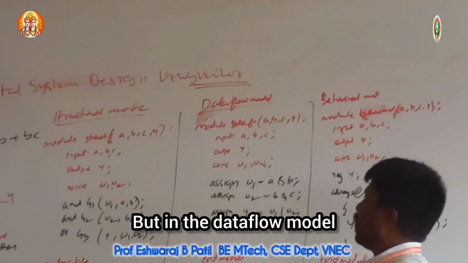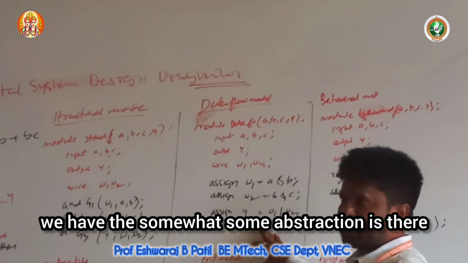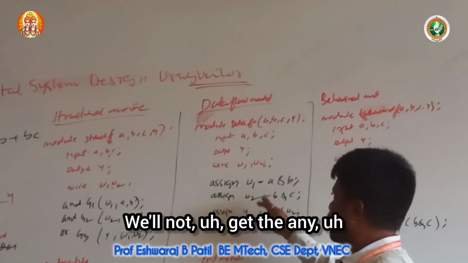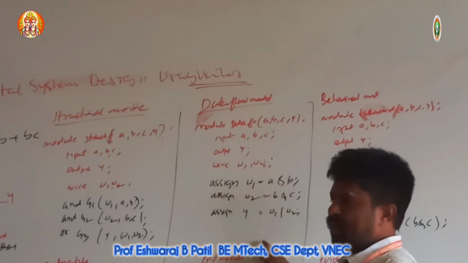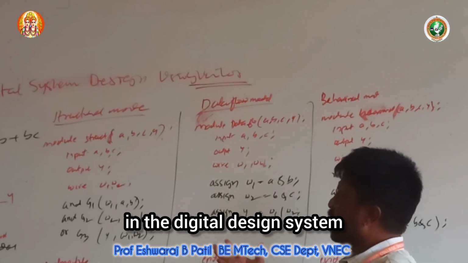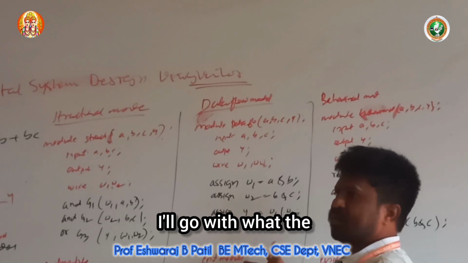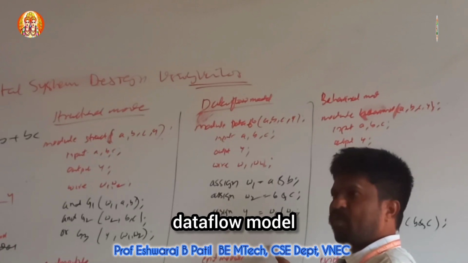But in the data flow model there is some abstraction. We will not get any details about the digital design system. If the digital design system is more complex, I'll go with the data flow model.